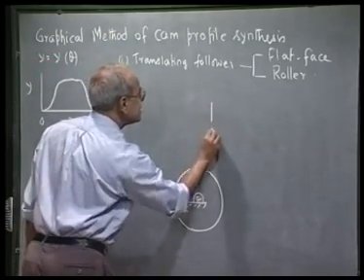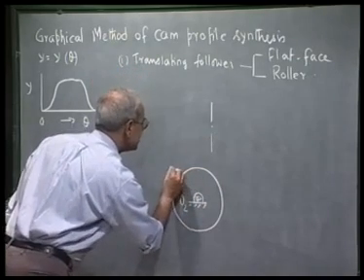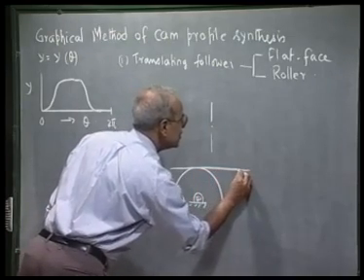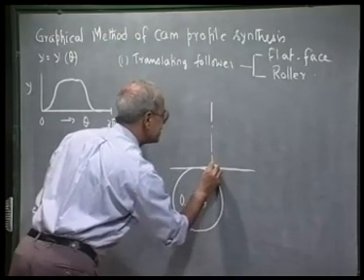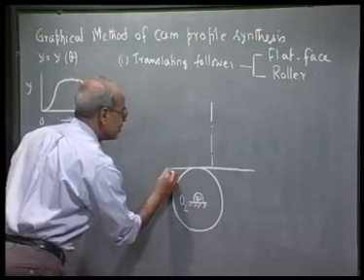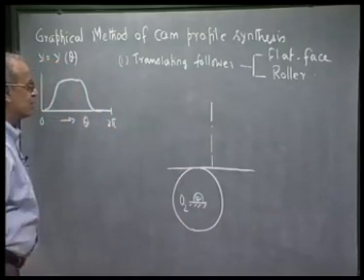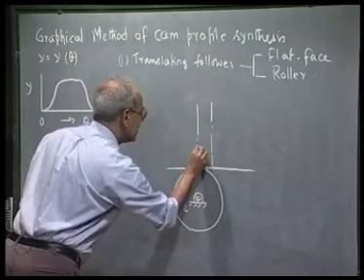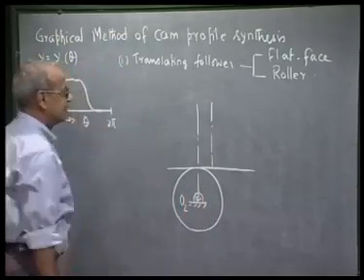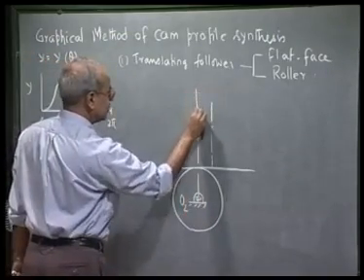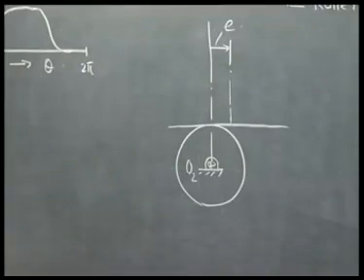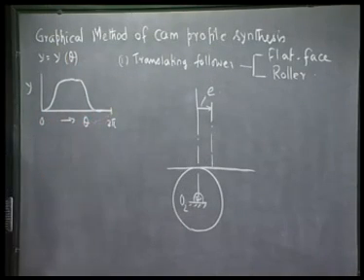So, let this be the follower axis, and this is the follower face at the lowest position. This is the offset.